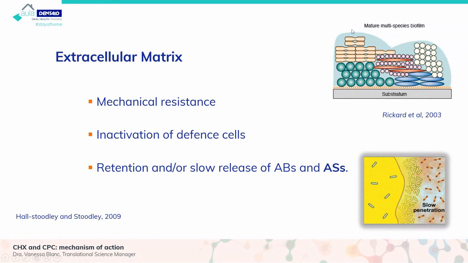These glucans are always covering the biofilm. So this matrix prevents the proper functioning of cells and molecules of the immune system and the penetration of antibiotics and antiseptics. These molecules are trapped in the matrix and in many cases are inactivated.